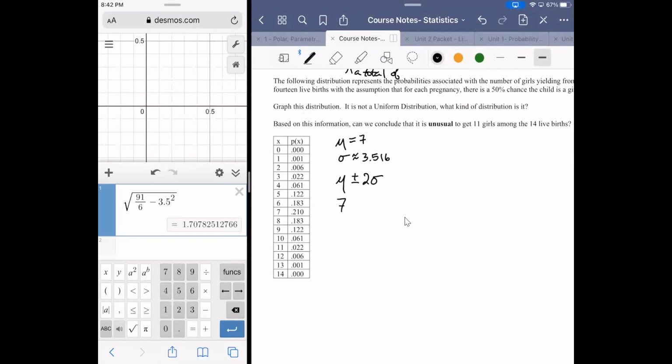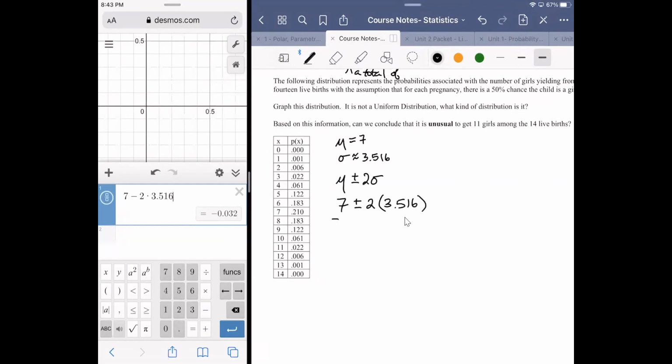So that's the same as saying 7 plus or minus 3.516. So 7 minus 2 times 3.516.